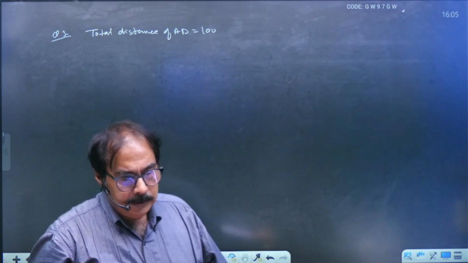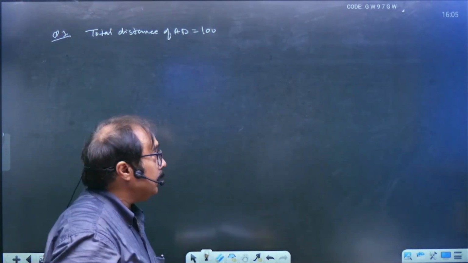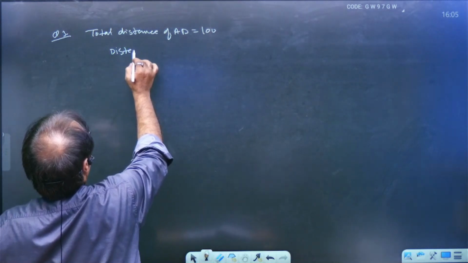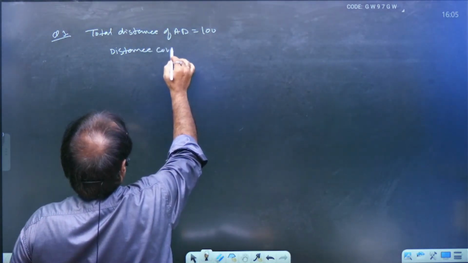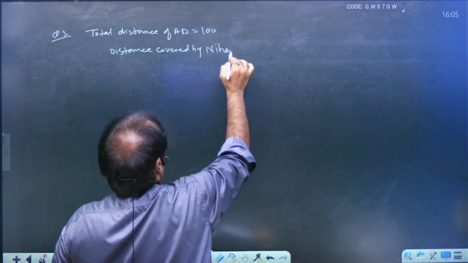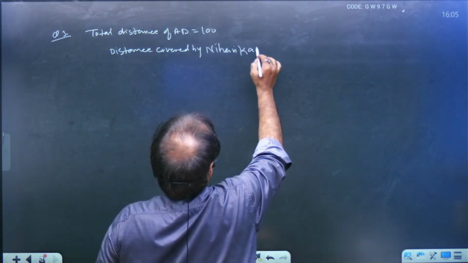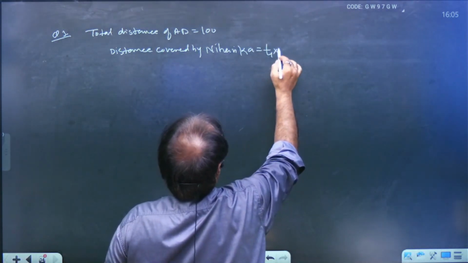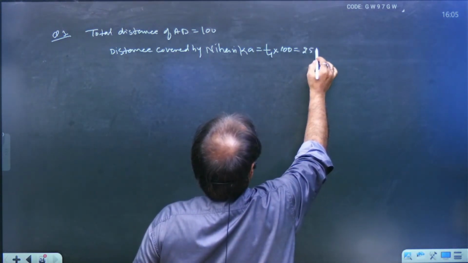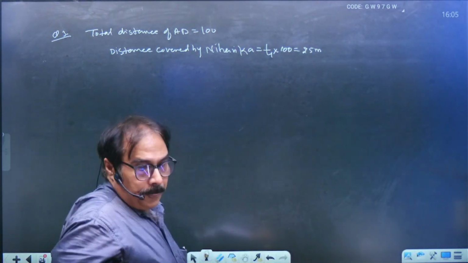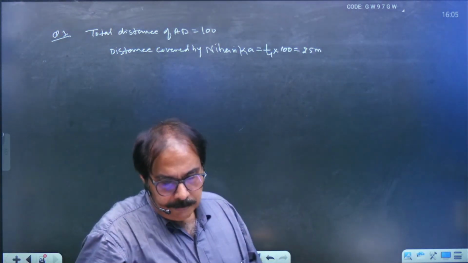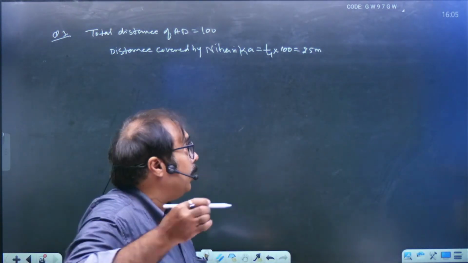Now Niharika runs 1/4 of the distance AD. So the distance covered by Niharika is 1/4 of distance AD, 100, that is equal to 25 meters. Okay, 25 meters on the second line, and she posts a green flag.